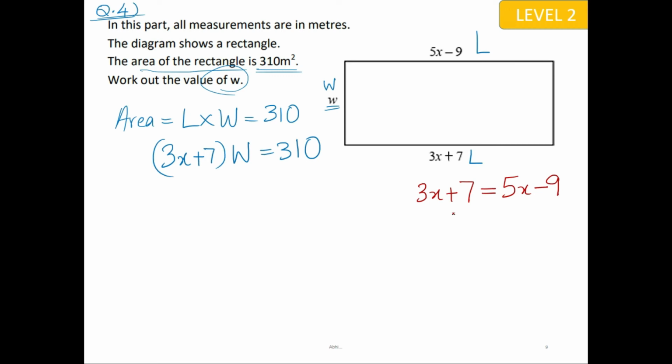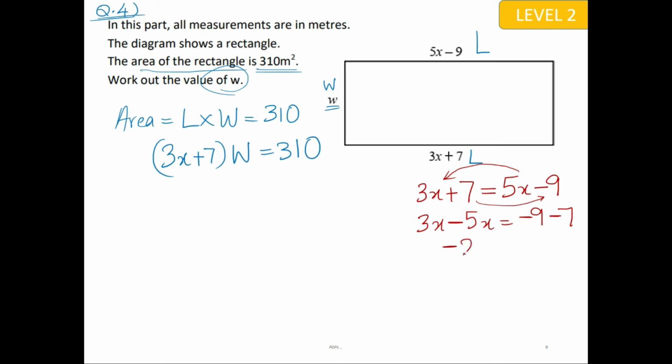Using this condition, I'll find the value for x, which is 3x minus 5x equals negative 9 minus 7. I have brought all the x terms to one side and the constants to the other side.